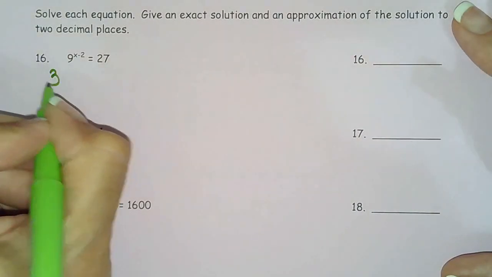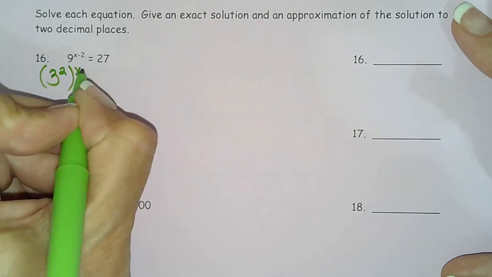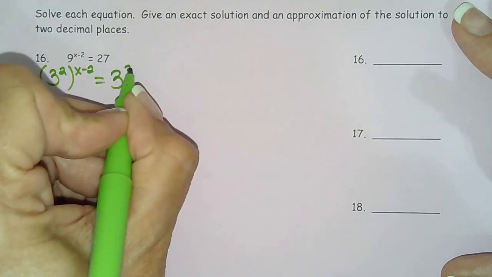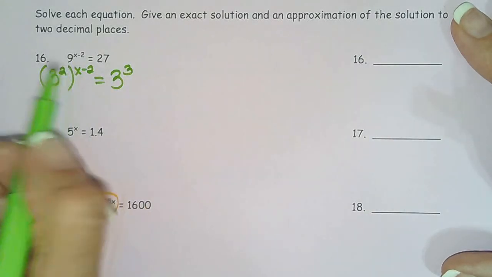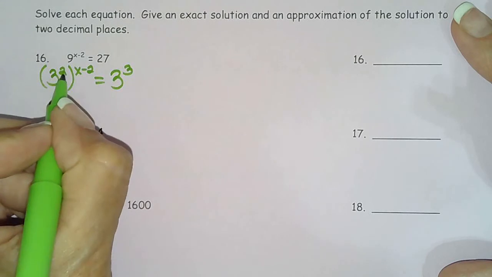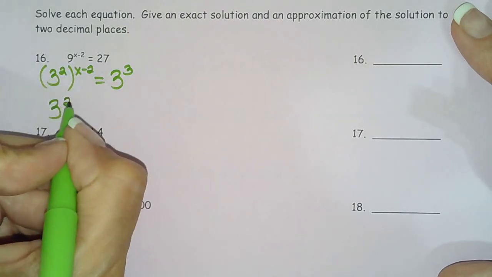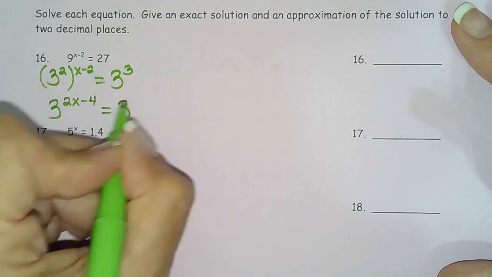So 9 is 3 to the second, and then outside I have x minus 2, and 27 is 3 to the third. So this does get distributed, so it'd be 3 to the 2x minus 4 equals 3 to the third.